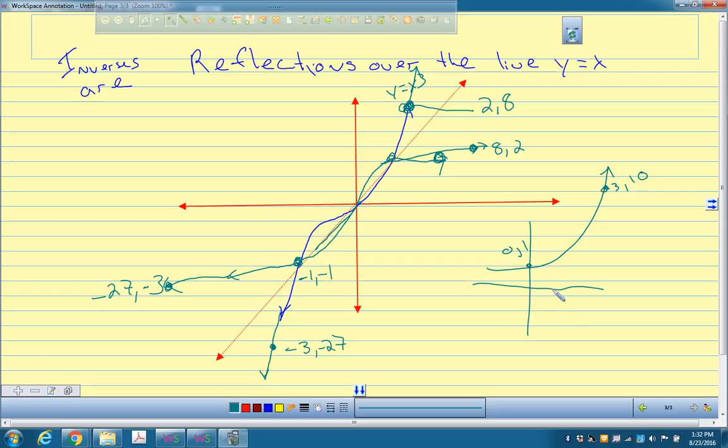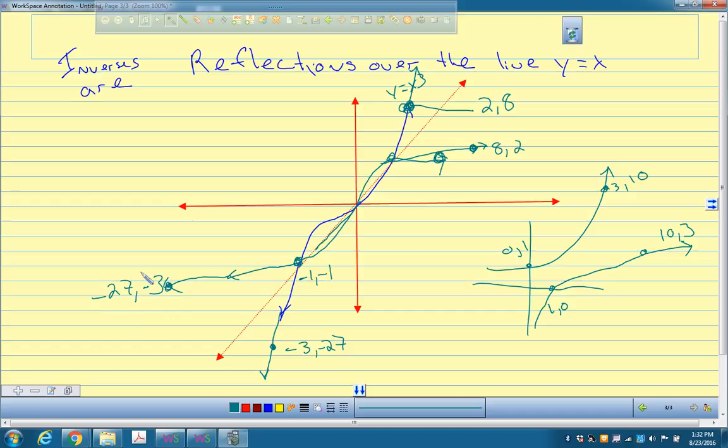You'd have to have a 1, 0, and then you'd have to have a 10, 3, right? And so if I'm sketching the inverse, which this kind of looks like a log function, do you guys remember logs from last year? The inverse of an exponential function is a logarithmic function, and those are reflections over the line y equals x, right? Okay? So that's that.